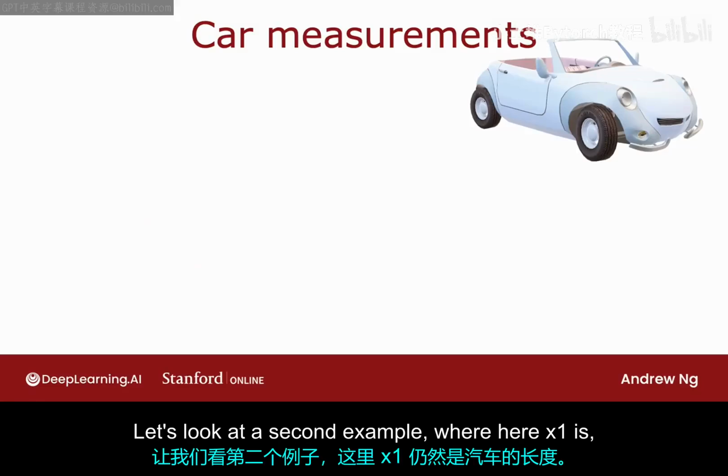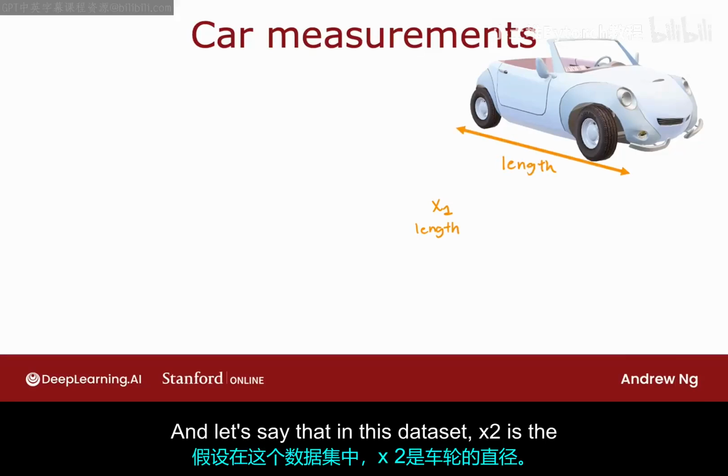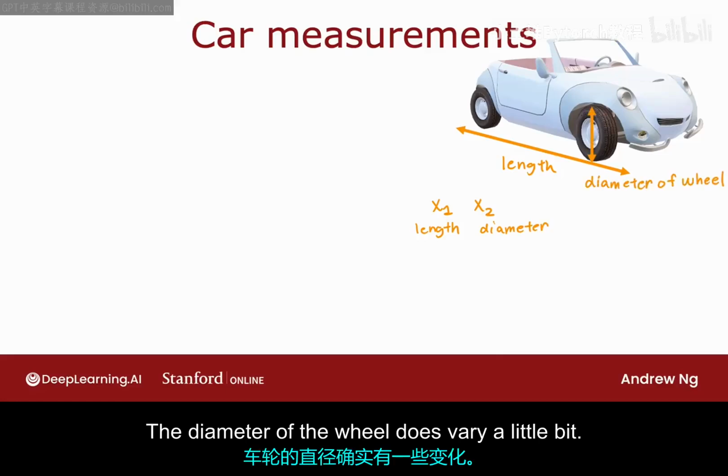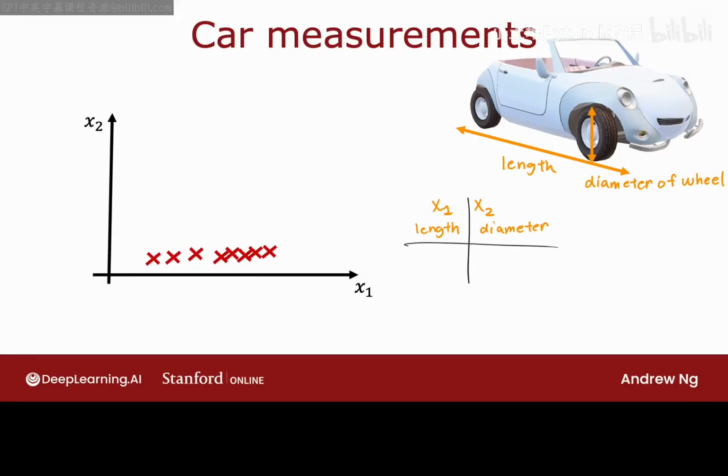Let's look at a second example, where here x1 is again the length of the car. And let's say that in this data set, x2 is the diameter of the wheel. The diameter of the wheel does vary a little bit. So if you were to plot the data, it might look like this.